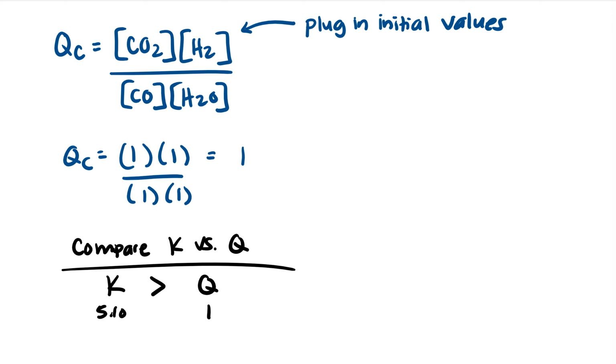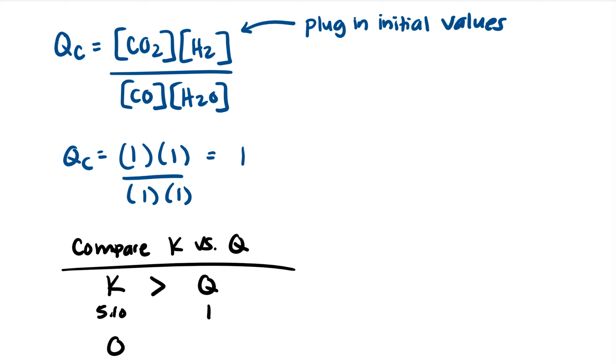So we can see here that K is greater than Q. And so now I got to think. To reach equilibrium, Q has to equal K. Well, this is not at equilibrium because they are not equal to one another.